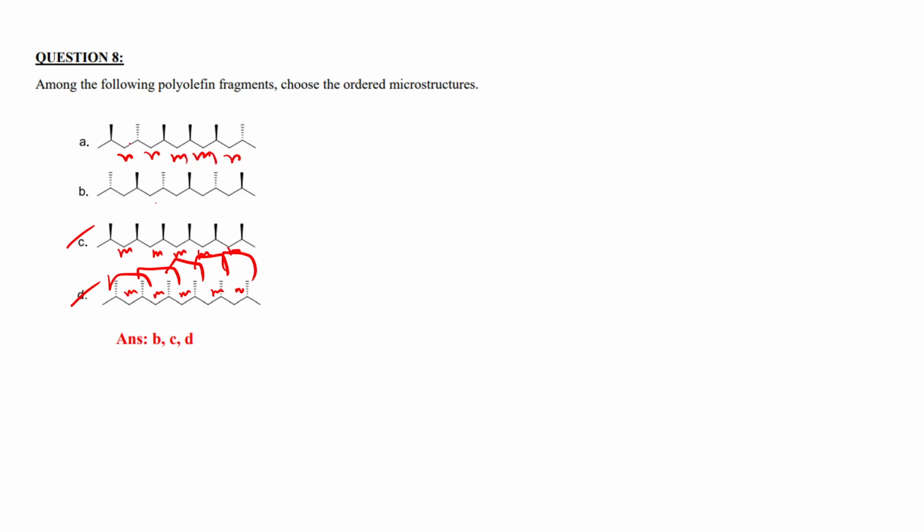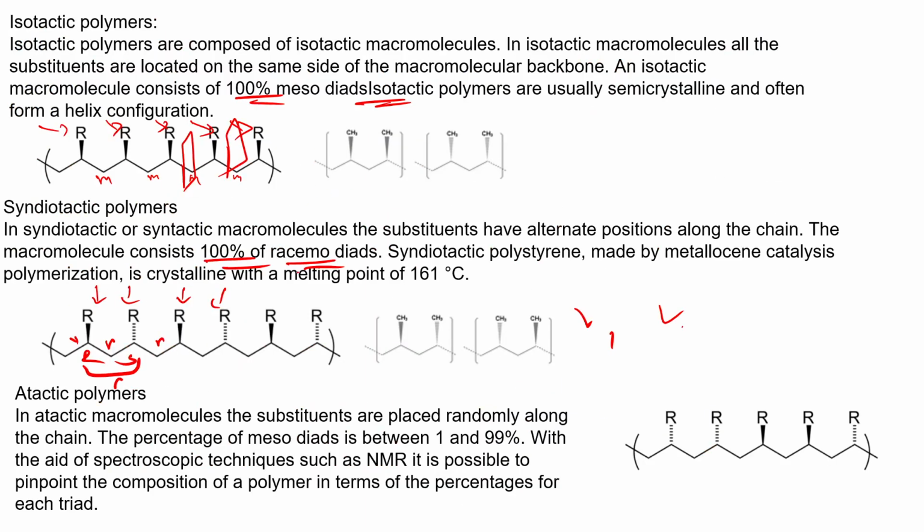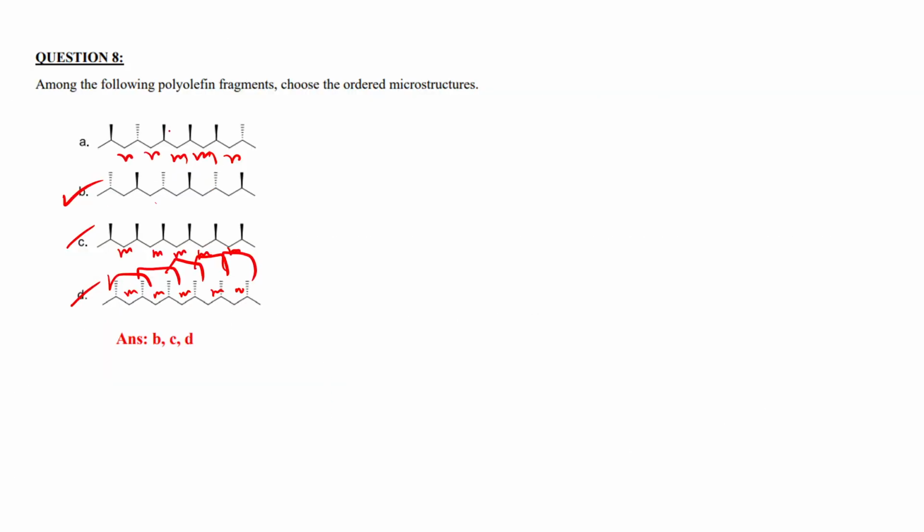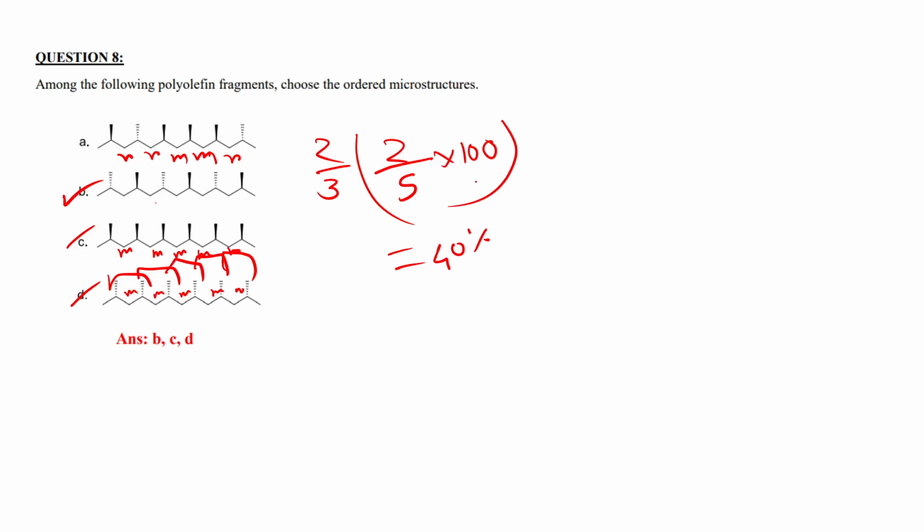So it is not actually ordered. It's not maintained obviously because here we have seen that when it is called atactic, the meso diad is in between 1 to 99 percent. So here it is much more than that because racemic diads are 3, meso diads are 5, means here you can see around 40% is there.